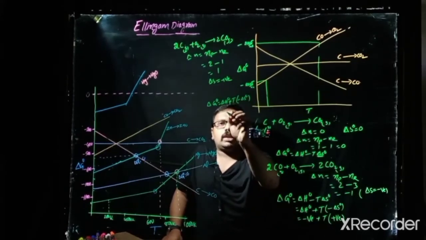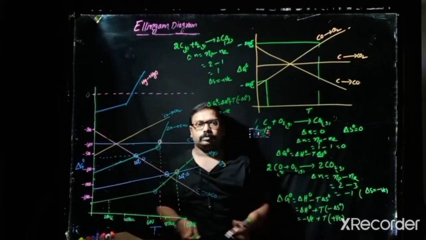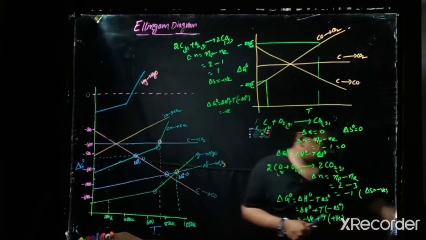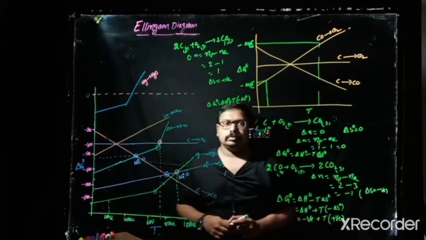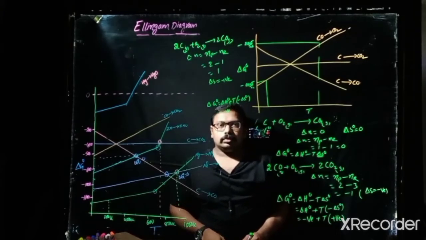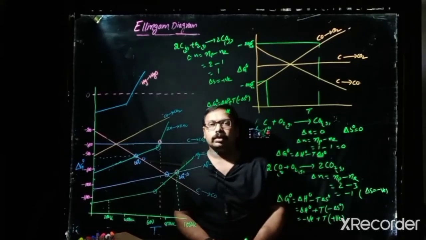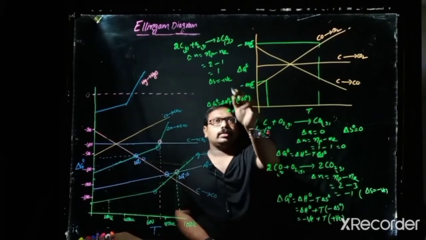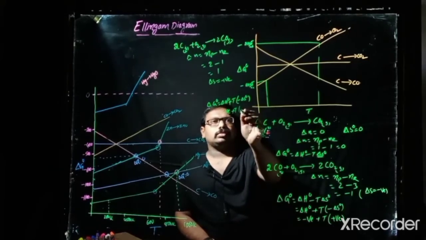The delta H naught value will be negative here, and delta S naught will be positive. Minus into positive, so we are getting minus.